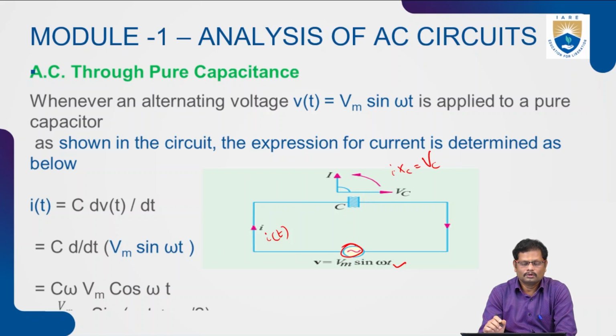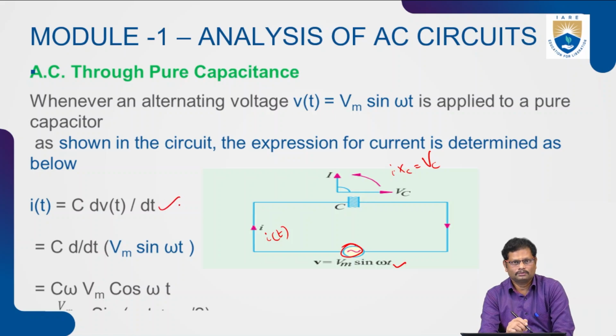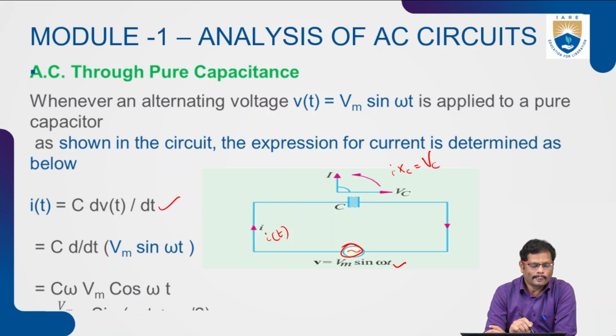So the expression for current is I of t equal to C dV by dt. In an inductor it is the rate of change of current, but in a pure capacitor it is the rate of change of voltage. So d by dt of V of t, where V of t is again Vm sin omega t, the derivative of Vm sin omega t is omega cos omega t.